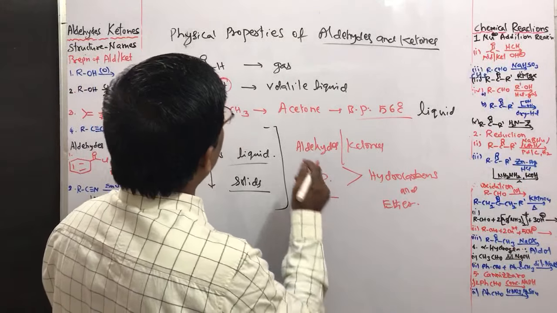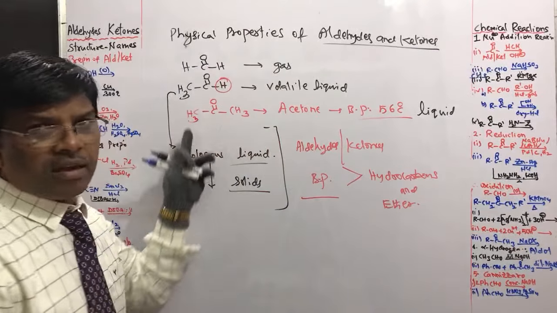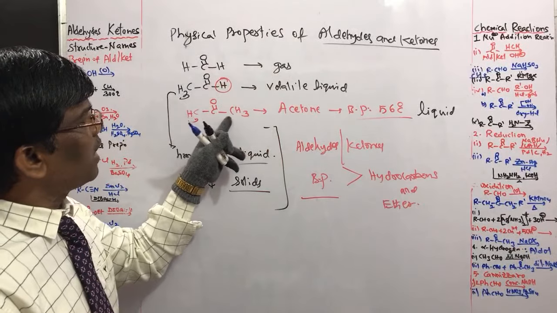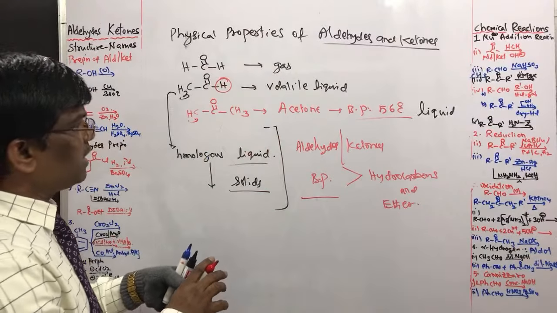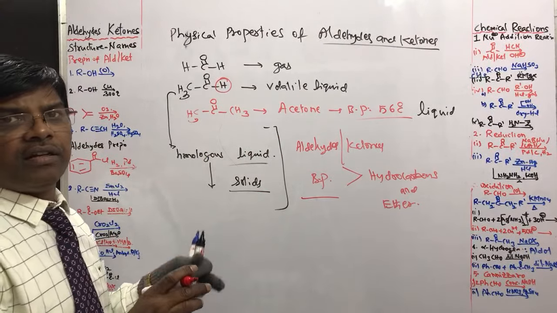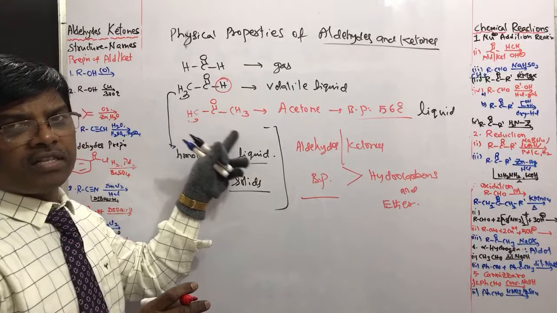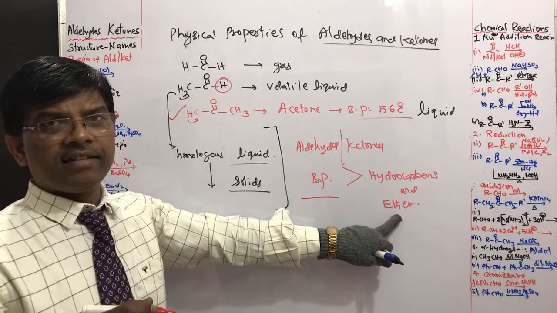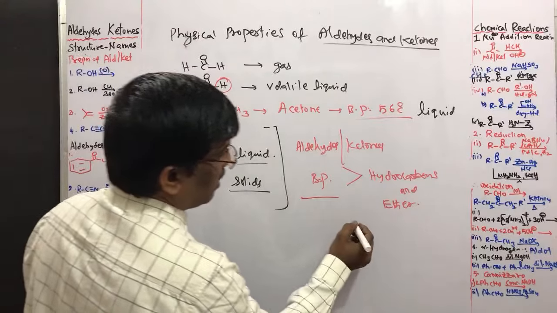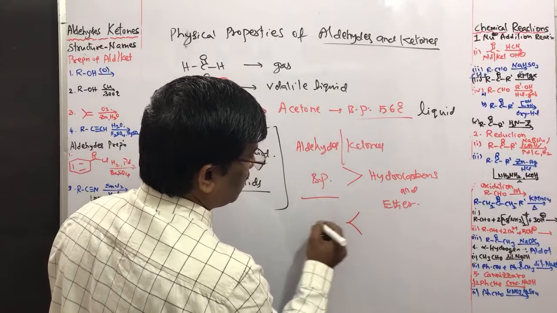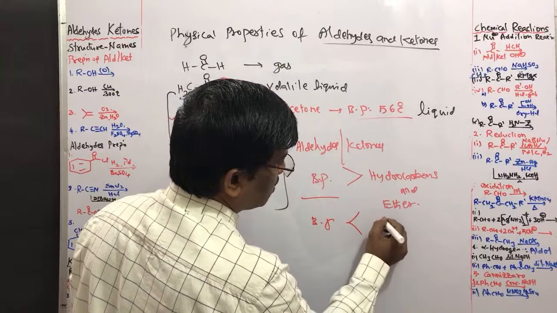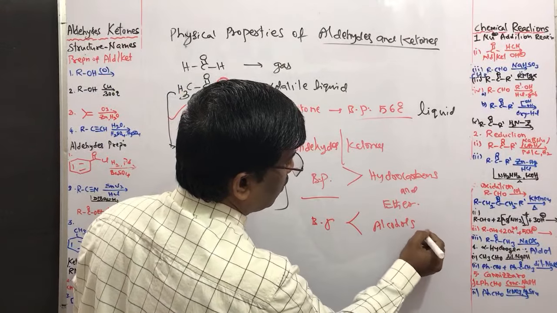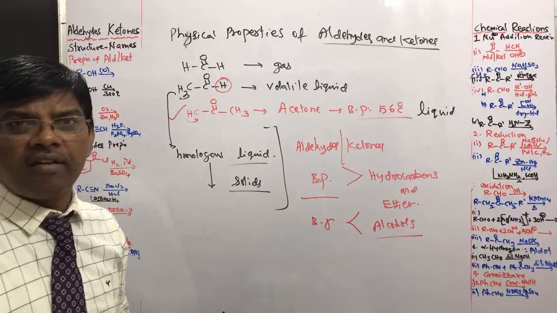Yes. So similarly, if you take acetone, a 3 carbon containing compound, and ethyl methyl ether, a similar compound, the boiling point of acetone is higher than the ethers. However, it is lower than alcohols. Why are alcohols going to be high boiling solvents?